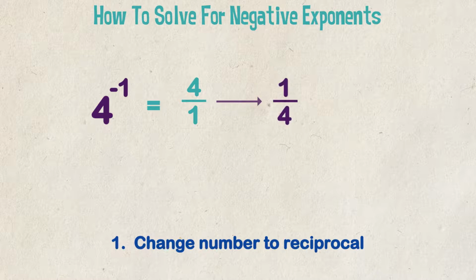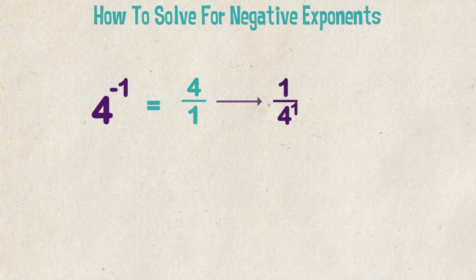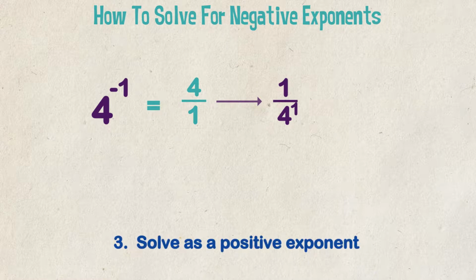Reciprocal just means that you're flipping the numerator and the denominator. Step 2. We rewrite it as 1/4 and we change our exponent of -1, but now we turn it positive. Step 3. Solve as you would a positive exponent. We know that 4 to the 1st power is just 4, so 1/4 to the 1st power would just be 1/4.